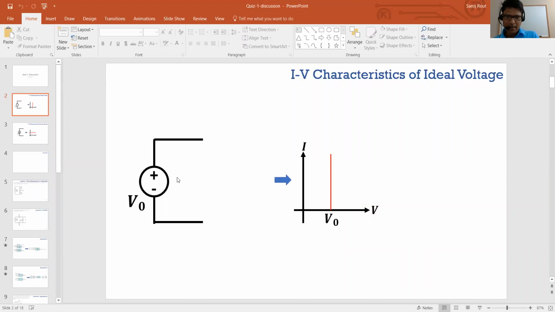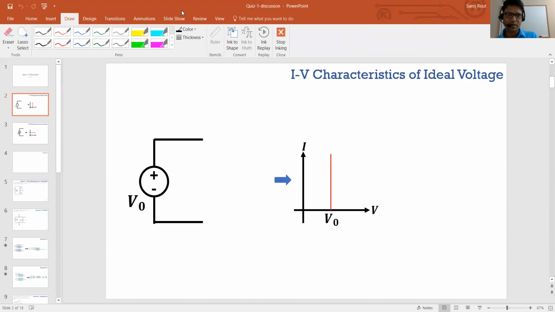Whenever you get an ideal voltage source like the one I've shown here, let me annotate. Let's say these are the two nodes given to you. You put a circuit here, you get some voltage, and a current is drawn or sourced into it, right?